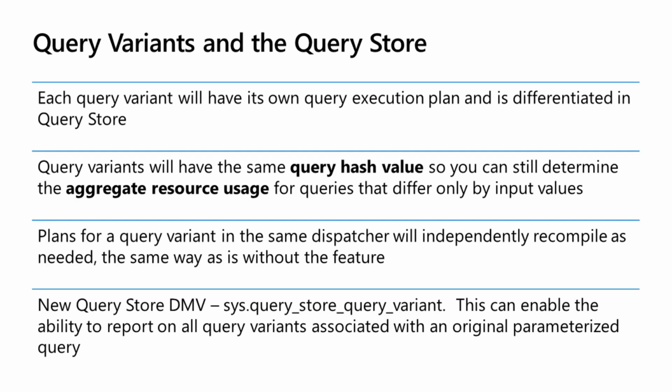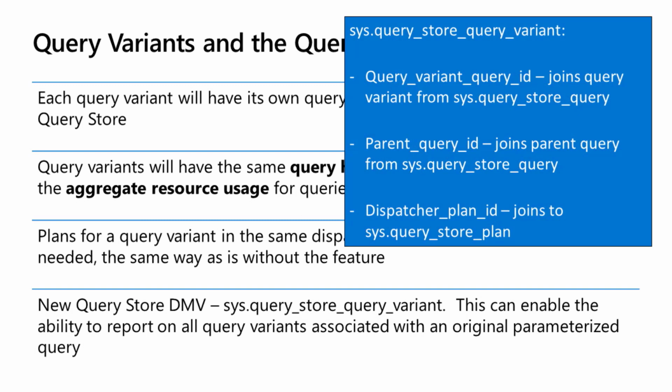And lastly, we did introduce a new DMV, sys.query_store_query_variant. This really enables us to be able to show where your query variants are, and to be able to associate those variants with the original parameterized query. This DMV really has 3 columns.